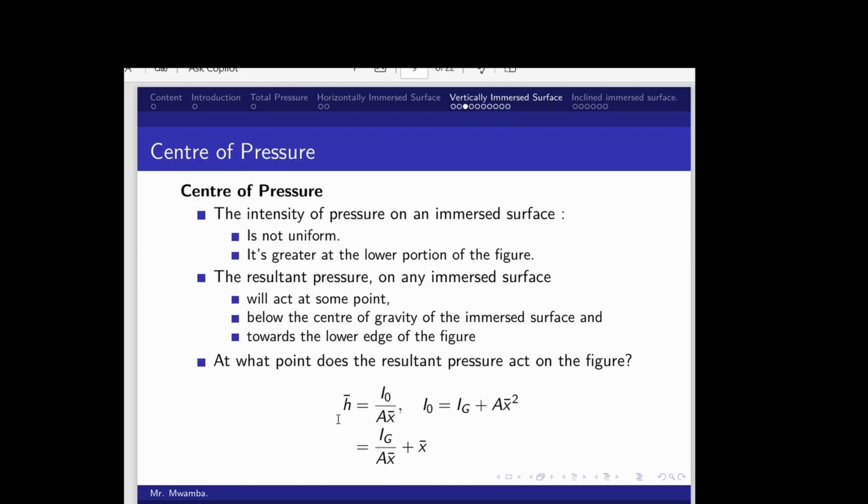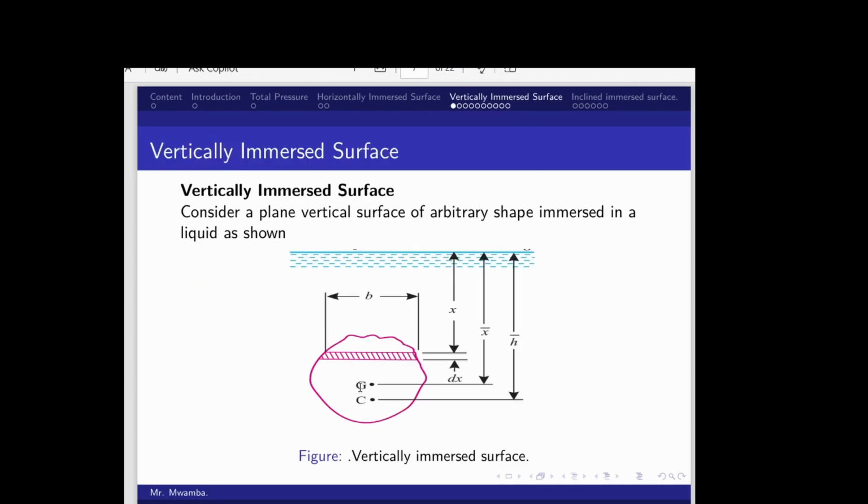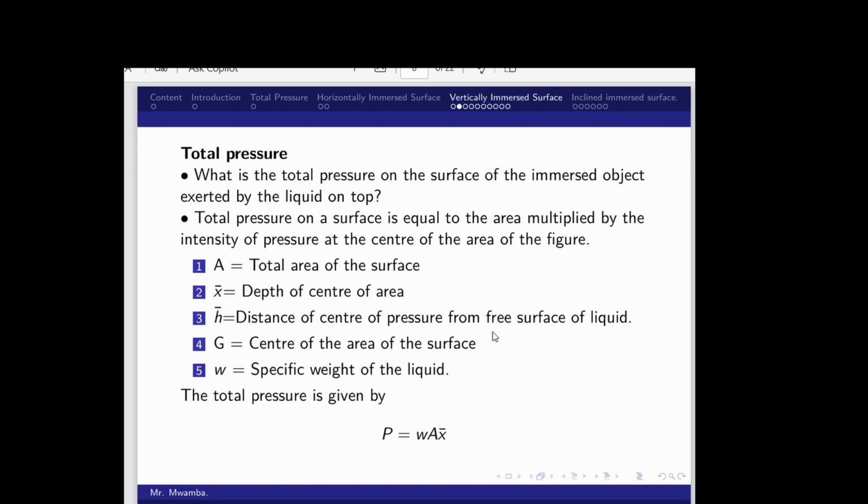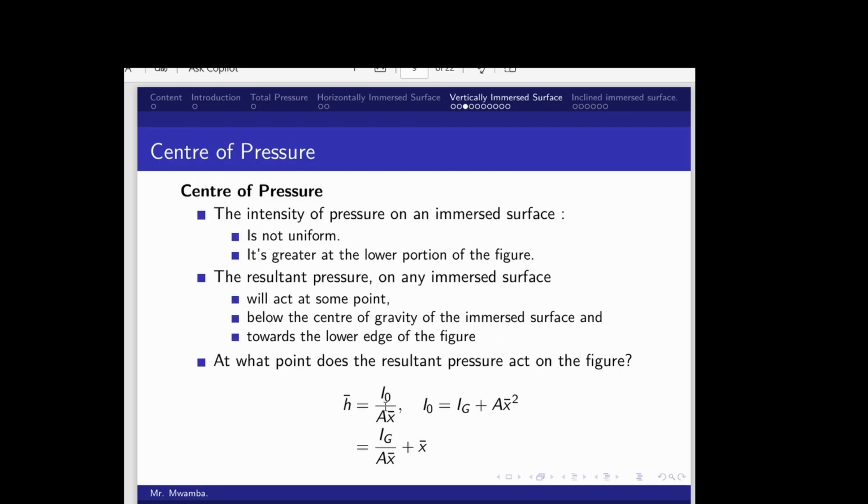This point is given by h bar, this height. h bar is given by I naught over A times x bar, where I naught is the moment of inertia, A is the area of the immersed surface, and x bar is the distance from the center of gravity to the surface of the liquid.